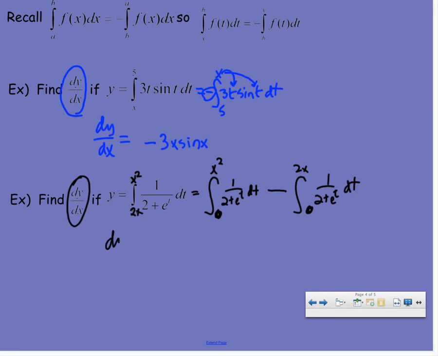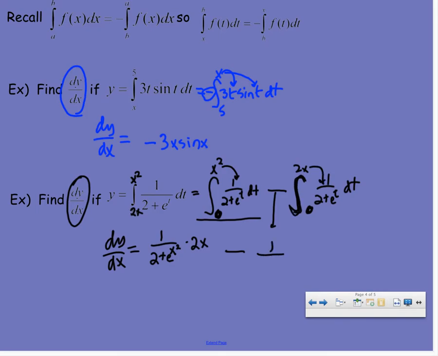So when I find dy dx, the first thing I'm going to do is take the derivative of this integral, which means I dump this function in. I'm going to need chain rule here. So it would be 1 over 2 plus e to the, what am I dumping in, x squared. And don't I have to take that times 2x because I'm using chain rule. Now, minus, and now when I'm taking the derivative of this integral, I'm going to dump in my 2x.